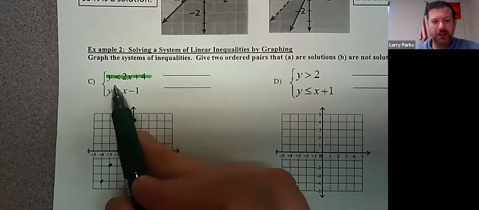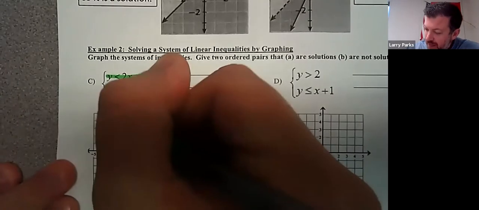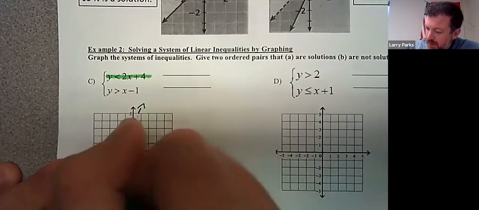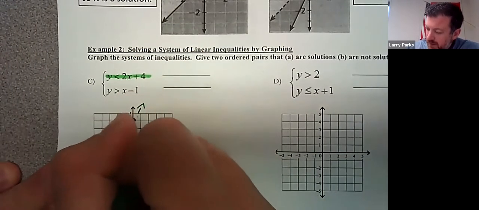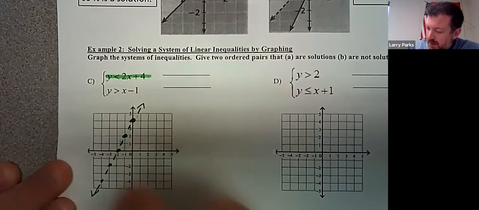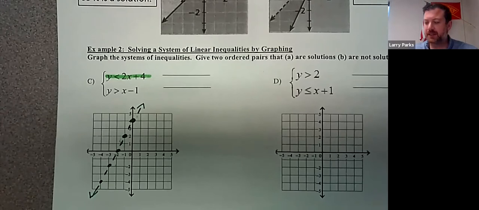These are both going to be dashed lines. So all I did was graph so far y is less than 2x plus 4. And then less than means shade below. So I'm going to shade below.